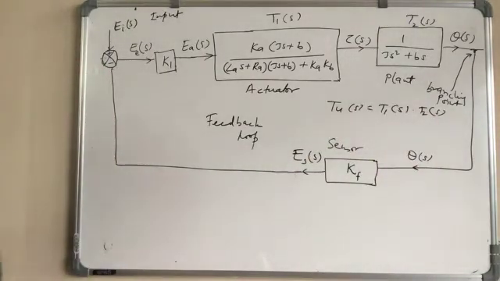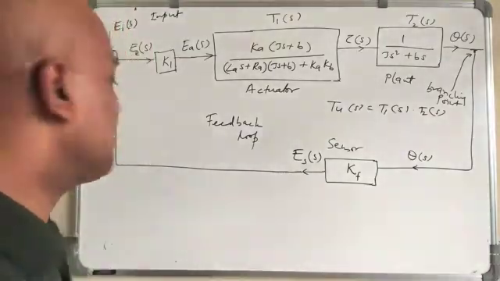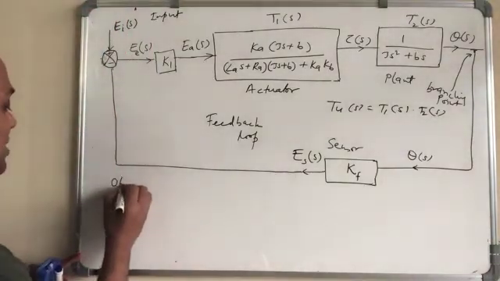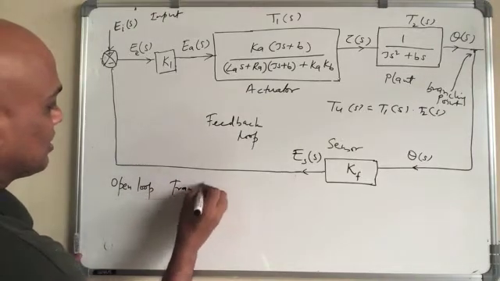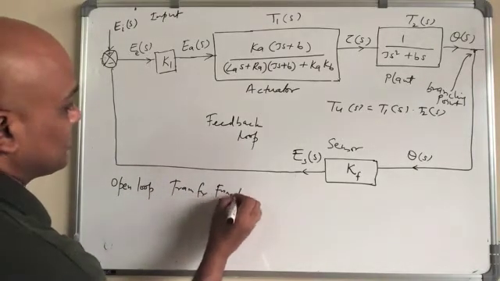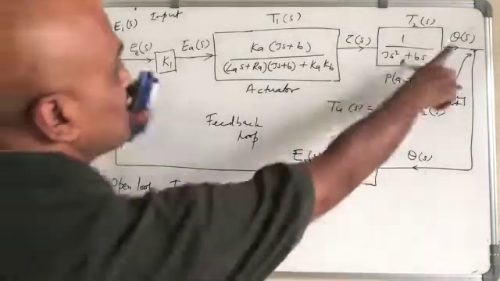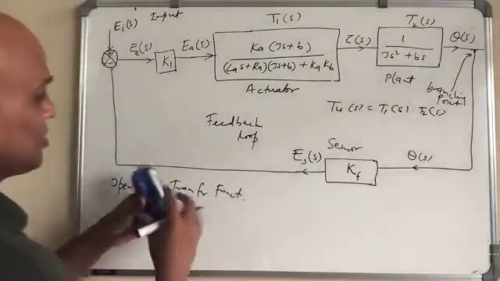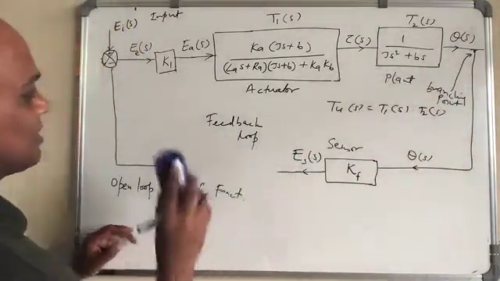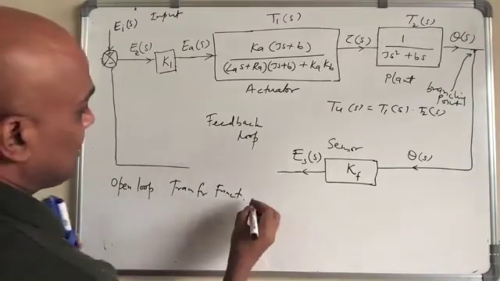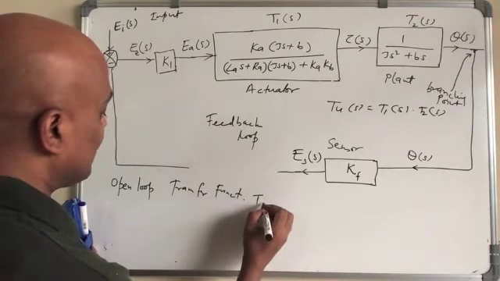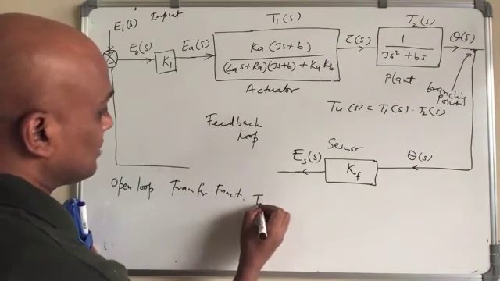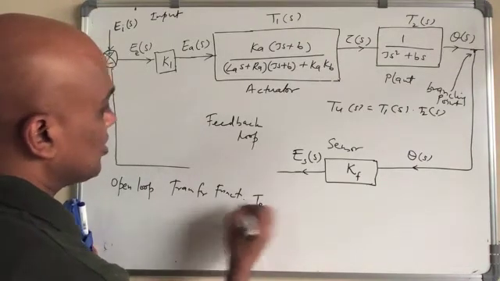Now if somebody tells you to find the open loop transfer function, then what do you do? You remove the feedback. Then we get T open loop, let us call it TO open loop.